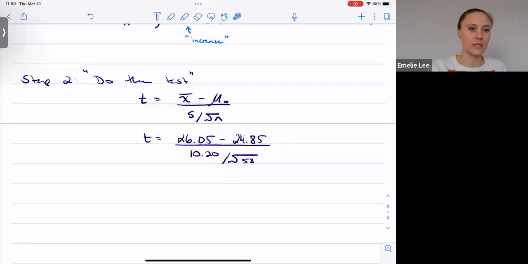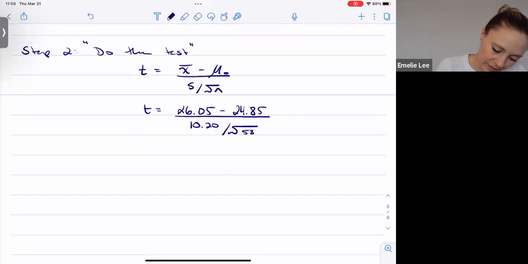And let me grab my calculator. Sorry, 58. I said 50. 10.2 divided by the square root of 58. And I'm going to just show these middle steps here.